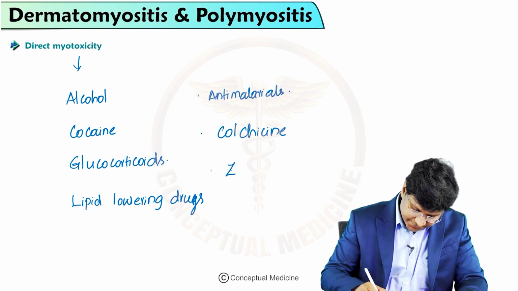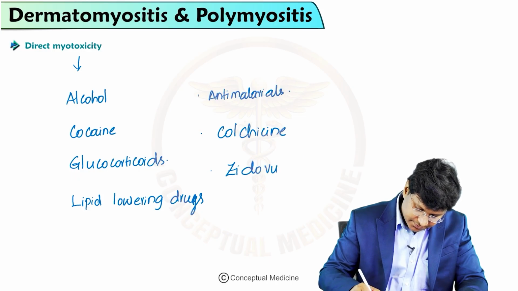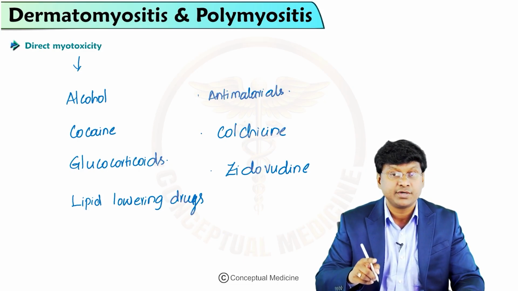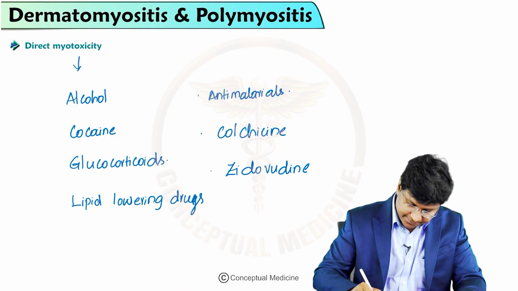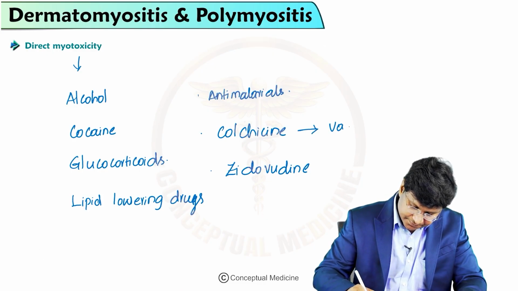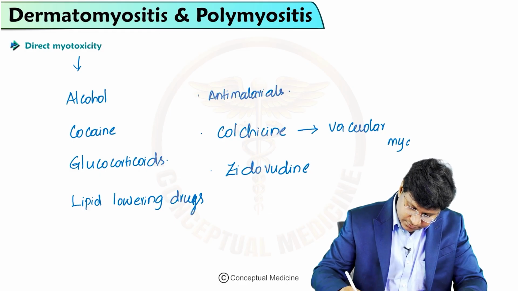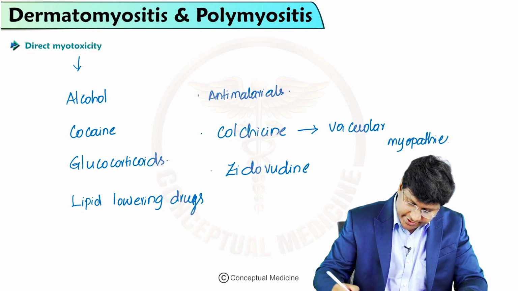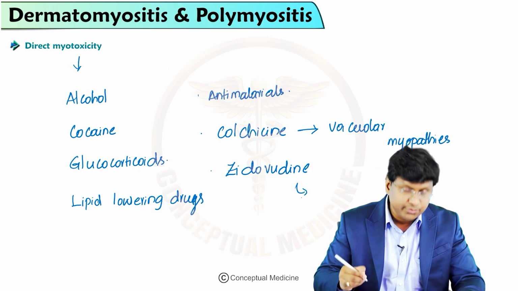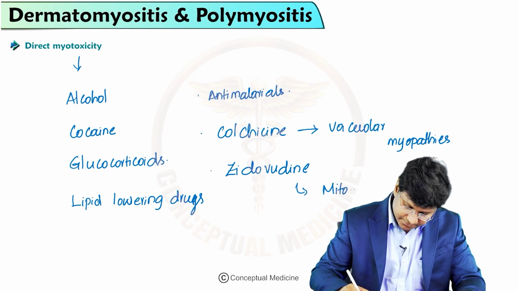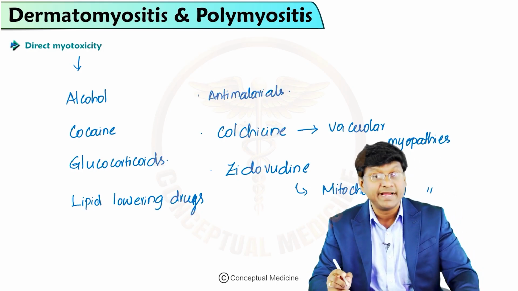Next, zidovudine. Right? This colchicine is associated with vacuolar myopathies, whereas zidovudine causes mitochondrial myopathy.